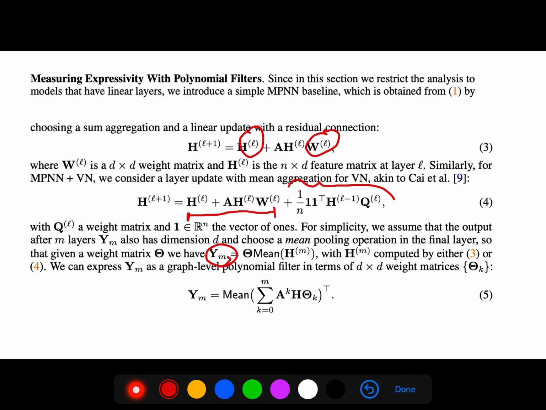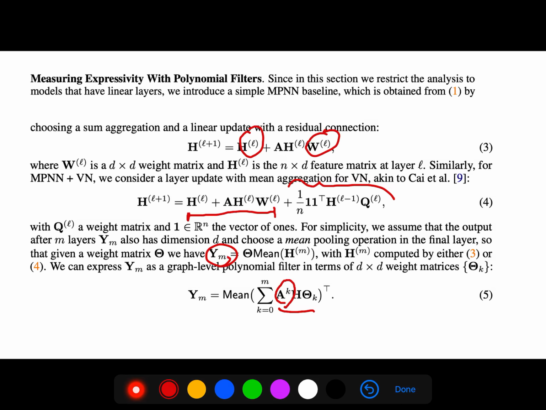We can express Y as a graph-level polynomial filter. You know these A to the K's, because A is adjacency, so it looks like a diffusion that I've explained several times.